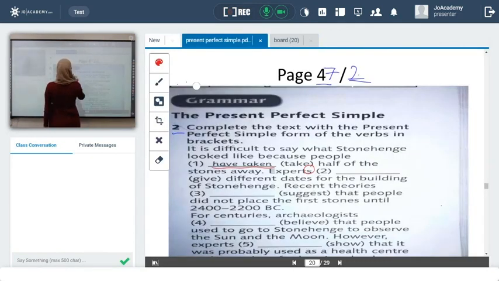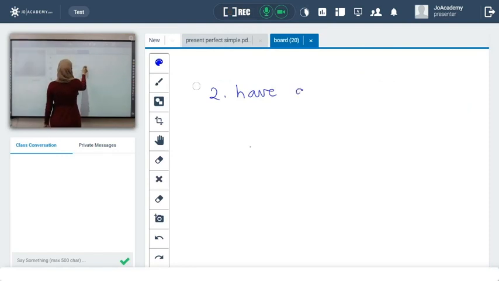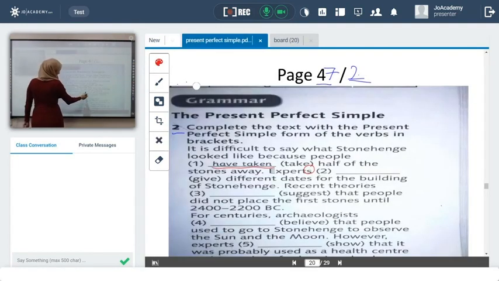Experts have given. We don't say has because it is plural. So experts have given different dates for the building of Stonehenge.